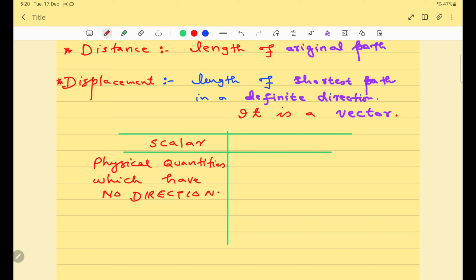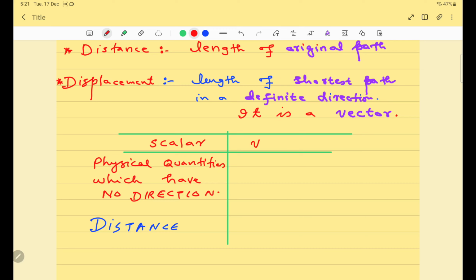Sometimes they have direction, but the direction keeps on changing. But if they have no direction or no fixed direction, then they are called scalar quantities, such as distance. In the above example, distance is a scalar quantity.